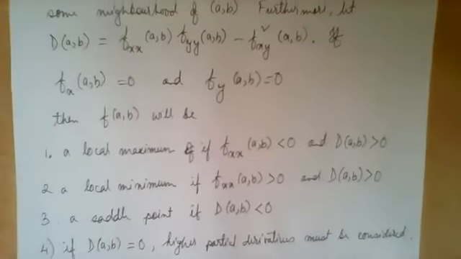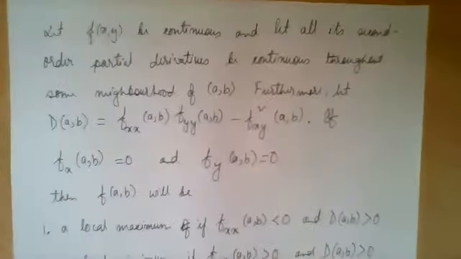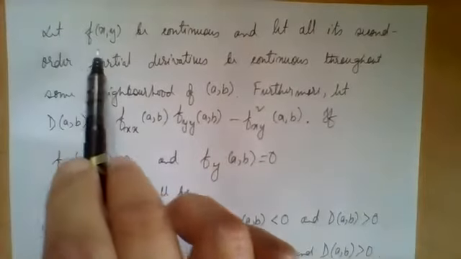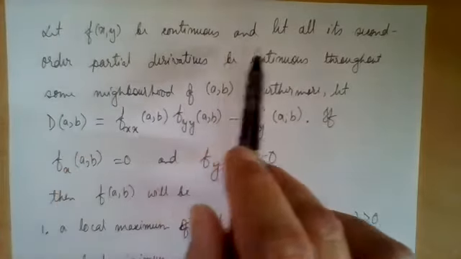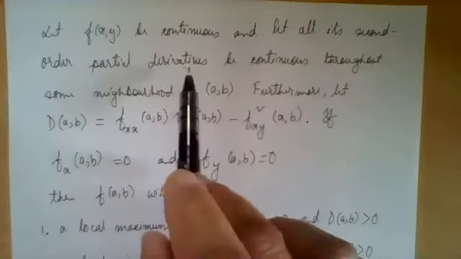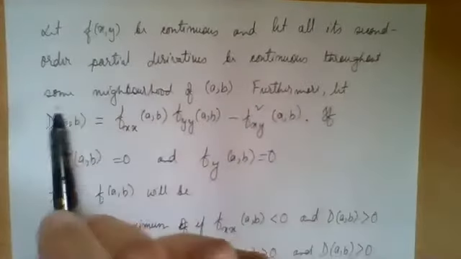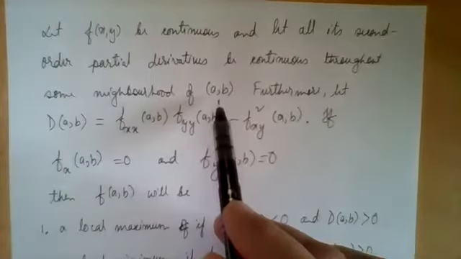So I'm going to repeat. Let f of x, y be continuous and let all its second order partial derivatives be continuous throughout some neighborhood of the point (a, b).